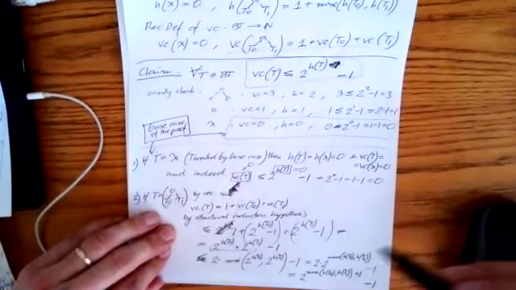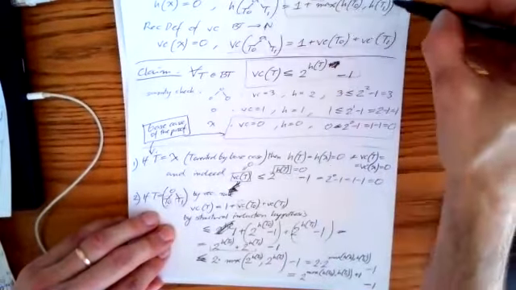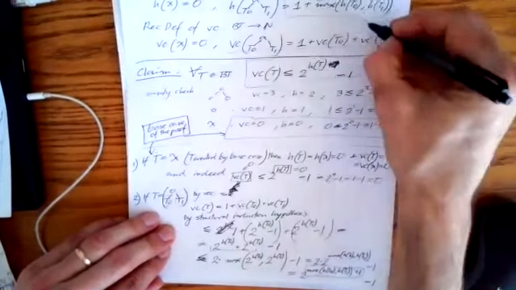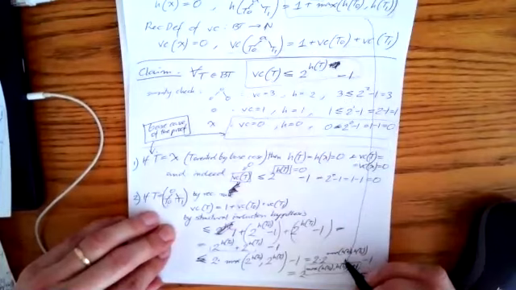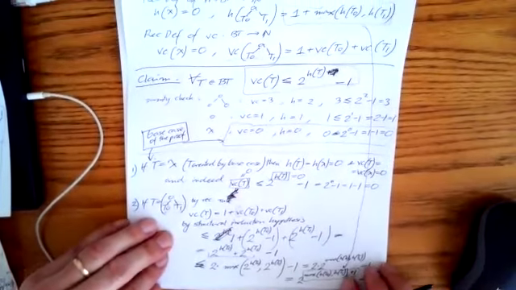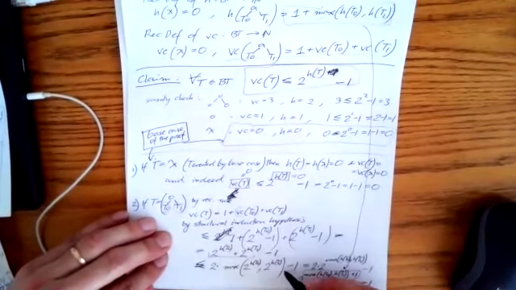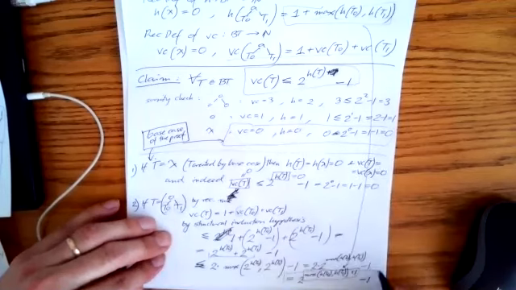And now what do I know? What does this look like? This thing, by the recursive definition of the height function, this whole thing, right?